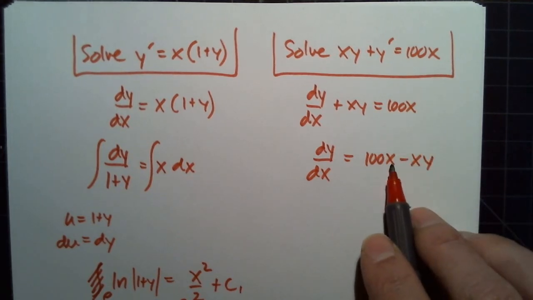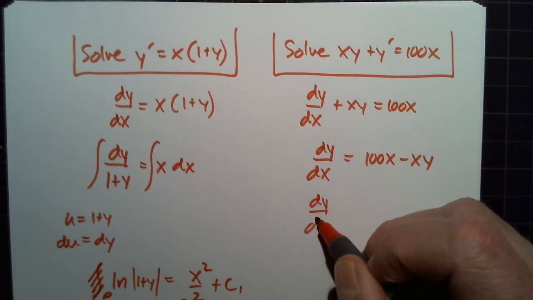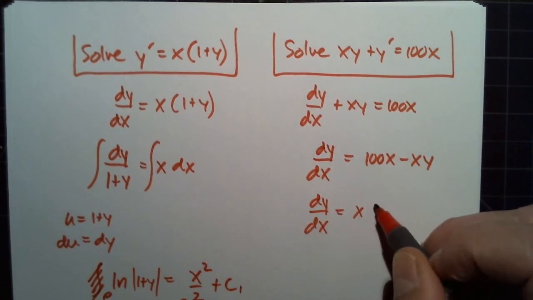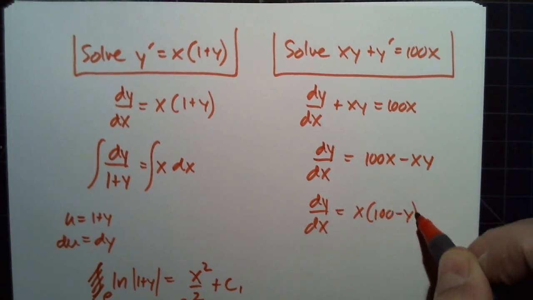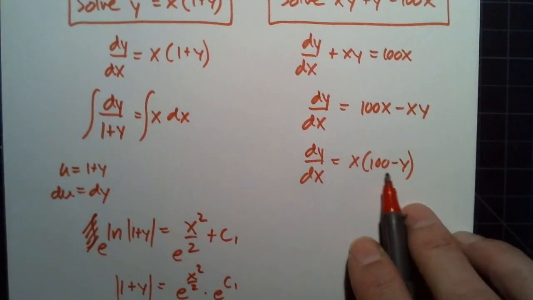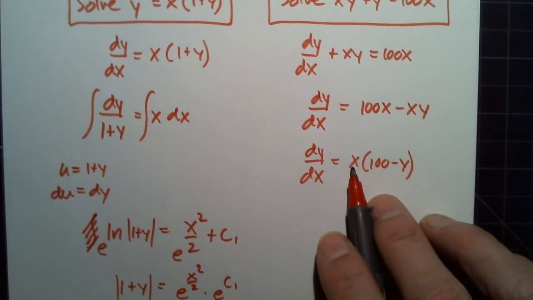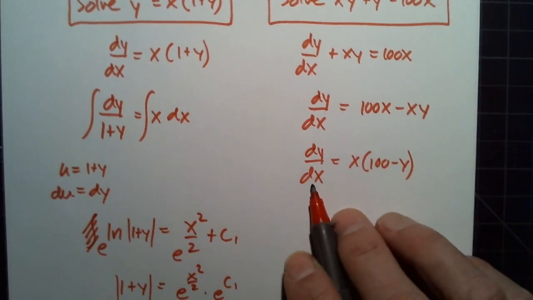And now we can factor the x out, which allows us to separate x and y. Because now I can divide by this factor that has y, and I can leave the x there to combine it with the dx.